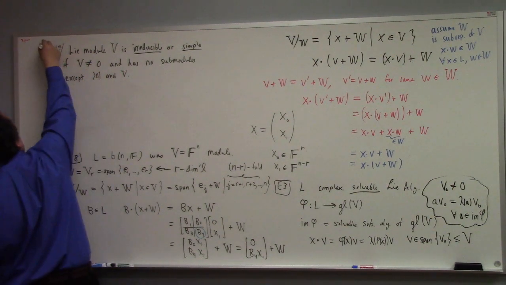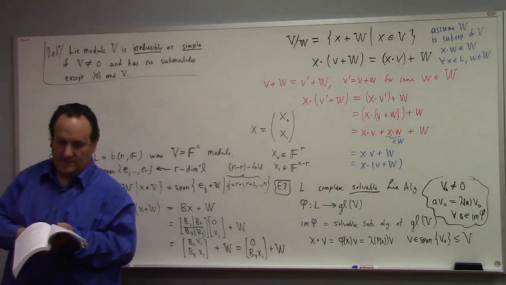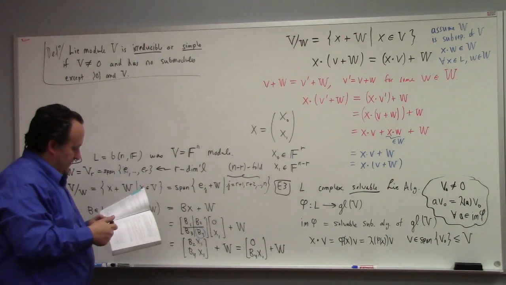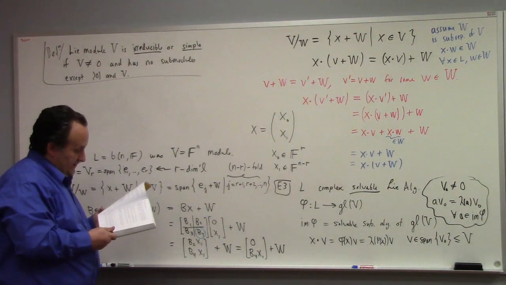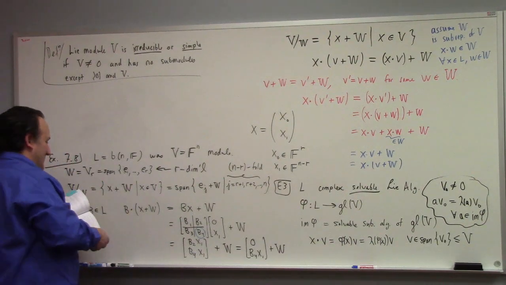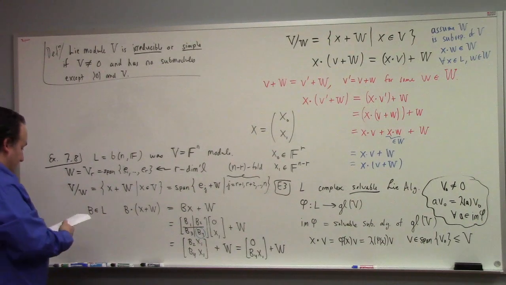You can't avoid those. Every vector space has the 0 space and itself as subspaces, and of course those are going to satisfy the criteria for an L module. V is an L module, so that's unavoidable, right?